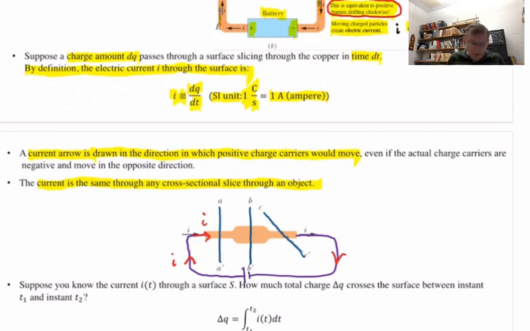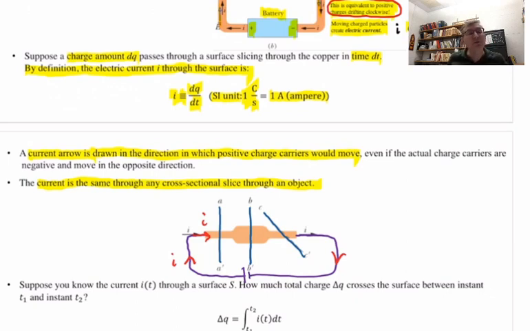What we're saying is that no matter which of these surfaces you were to look at, and you were to ask what's the total rate at which charge is passing through that surface, whether it's AA prime, BB prime, CC prime, the current will be the same through each. No matter where the slice is, no matter what angle it's at, as long as it slices all the way through.